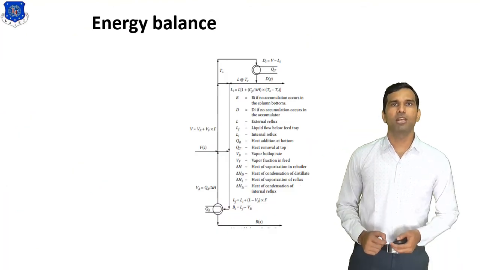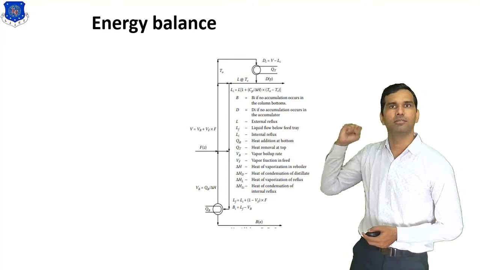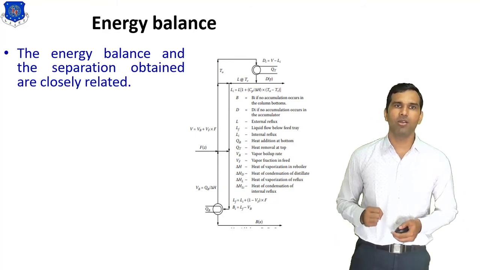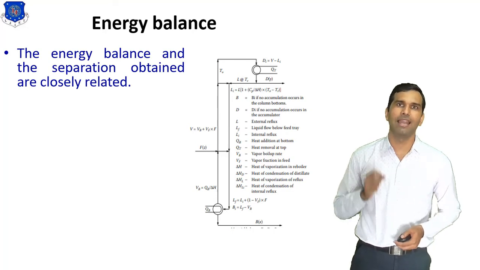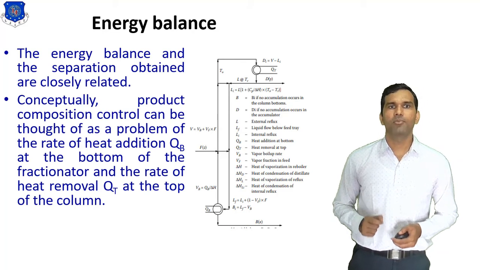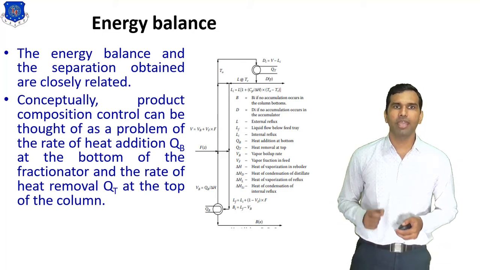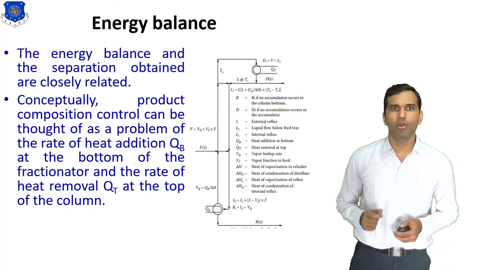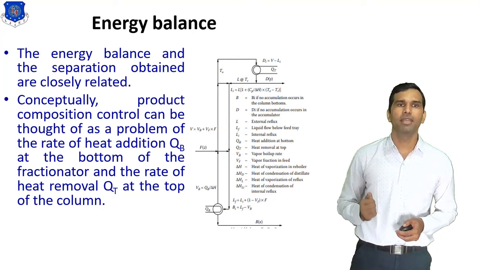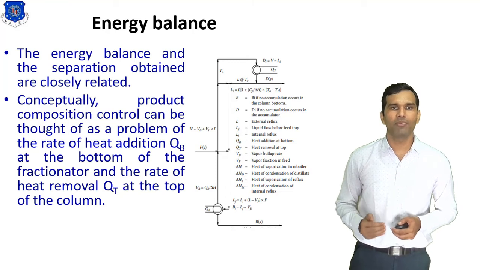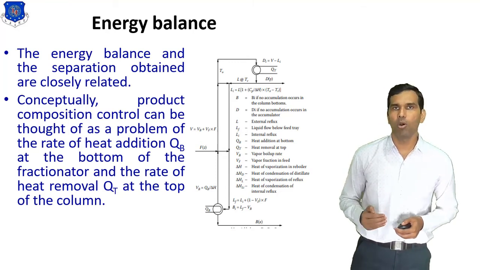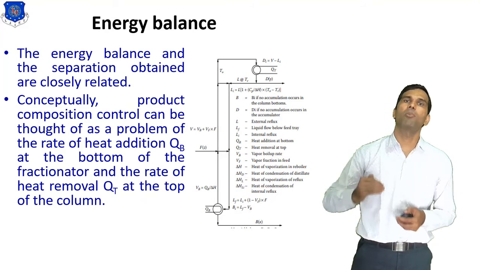Now we start the procedure for the energy balance. The energy balance and the separation are closely related. Conceptually, product composition control can be thought of as the problem of the rate of heat addition QB at the bottom of the fractionator and the rate of heat removal QT at the top of the column.